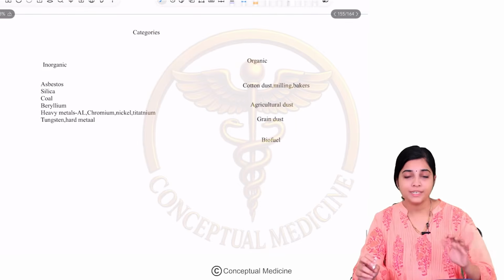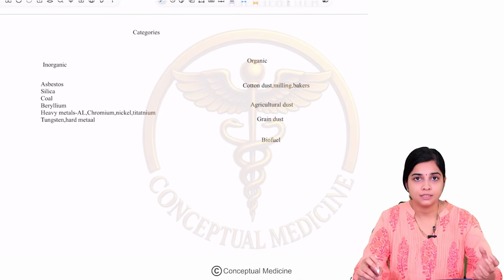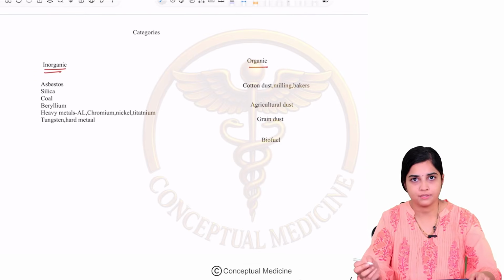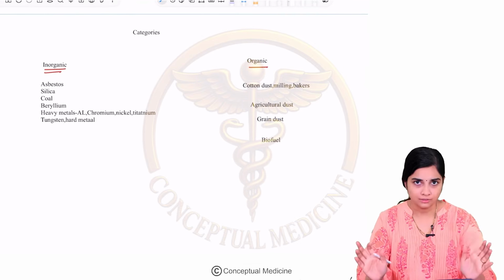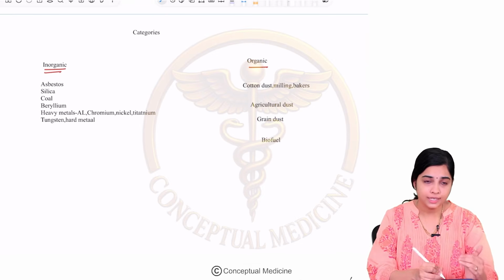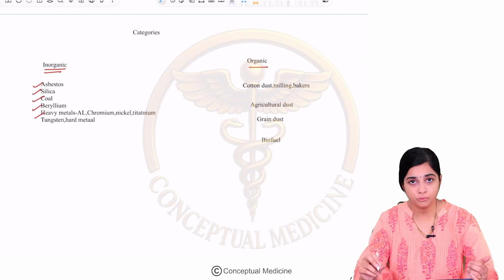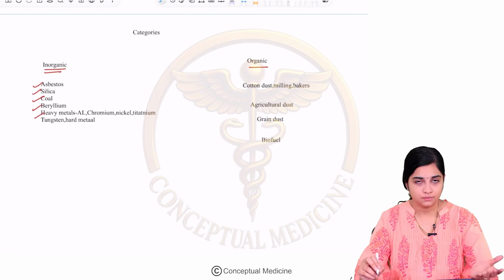Whenever we speak about occupational related lung injury, we divide the inhalational hazards into inorganic substances and organic substances. We should be well aware of what all substances can cause occupational related lung injuries. Under the inorganic category, we have asbestos, silica, coal, beryllium and heavy metal associated lung disease.